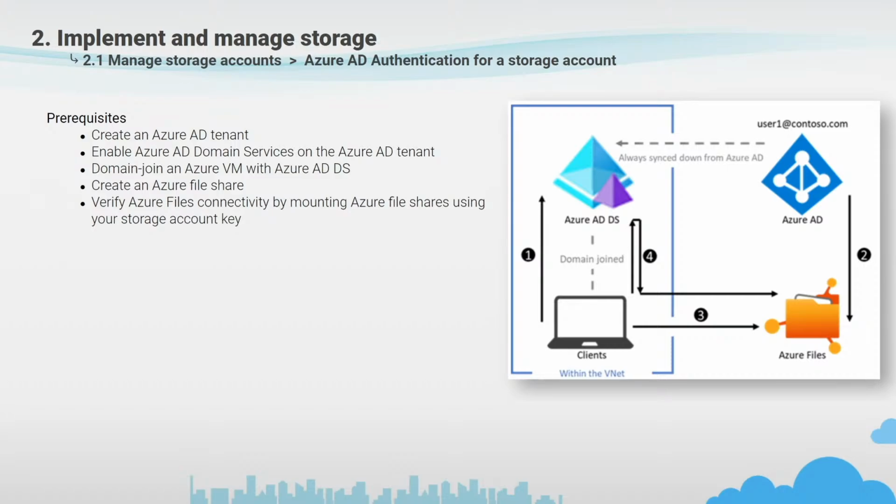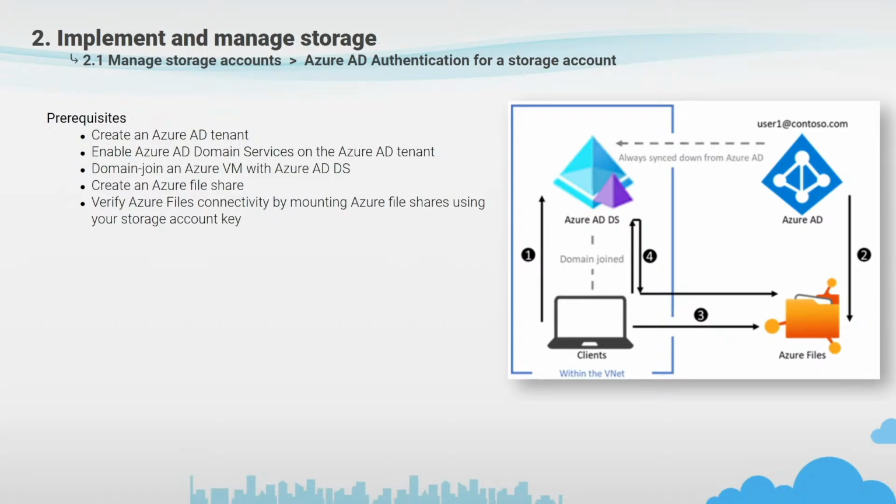Well, as a prerequisite, you need to create an Azure AD directory on your subscription to enable Azure AD domain services. As well, the devices that you will access the Azure files from need to be domain joined. As a final action, you will need to create the Azure file share and mount the share on the devices.